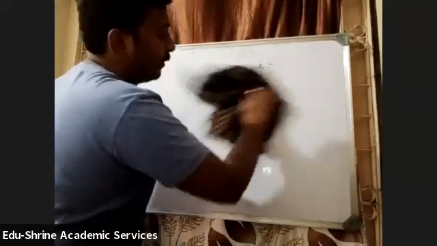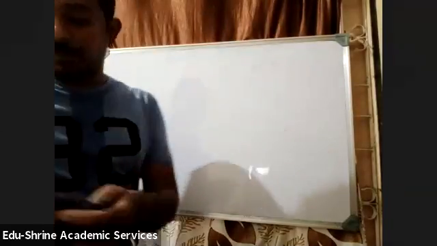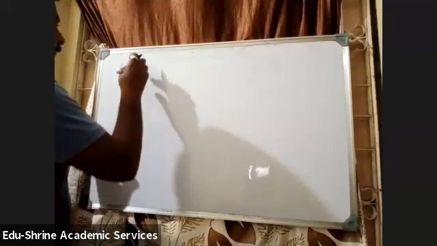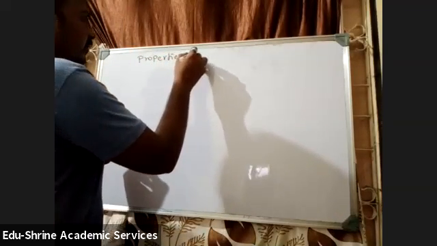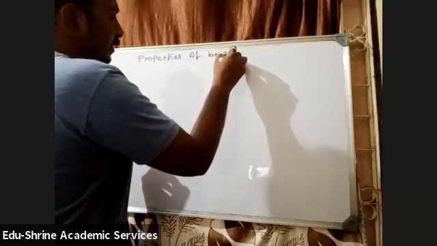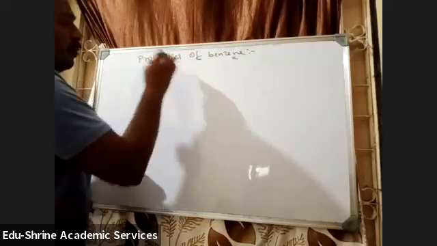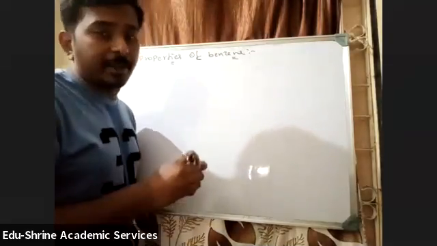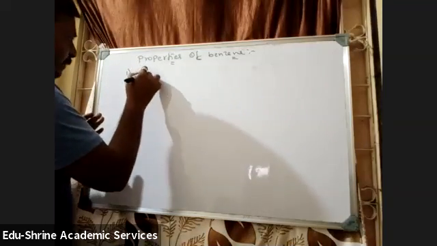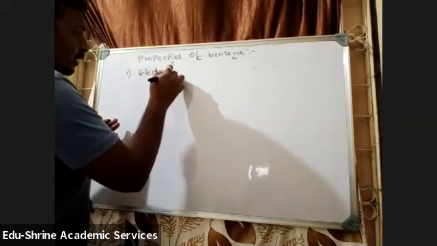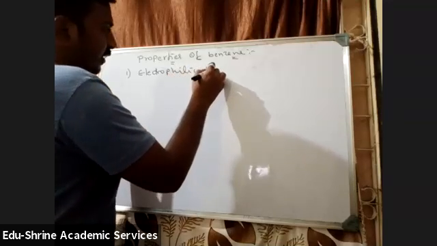Next, coming to properties of benzene. In properties of benzene, the most characteristic reactions of any aromatic compound are electrophilic substitution reactions. So the first type of chemical properties are electrophilic substitution reactions.